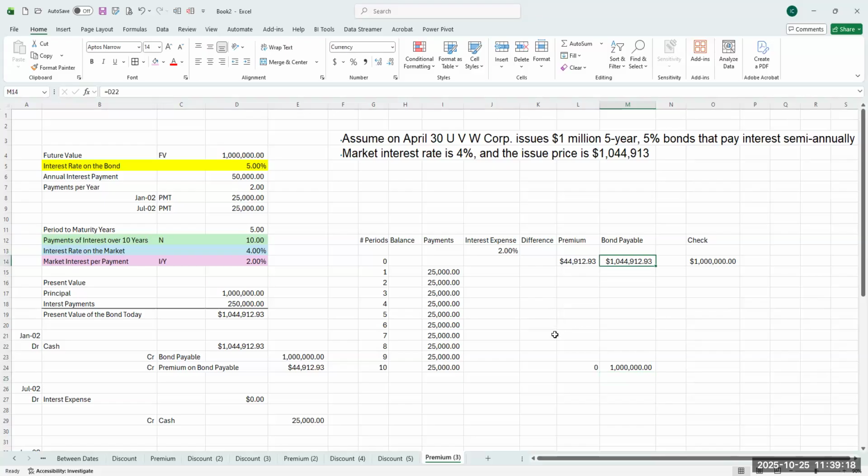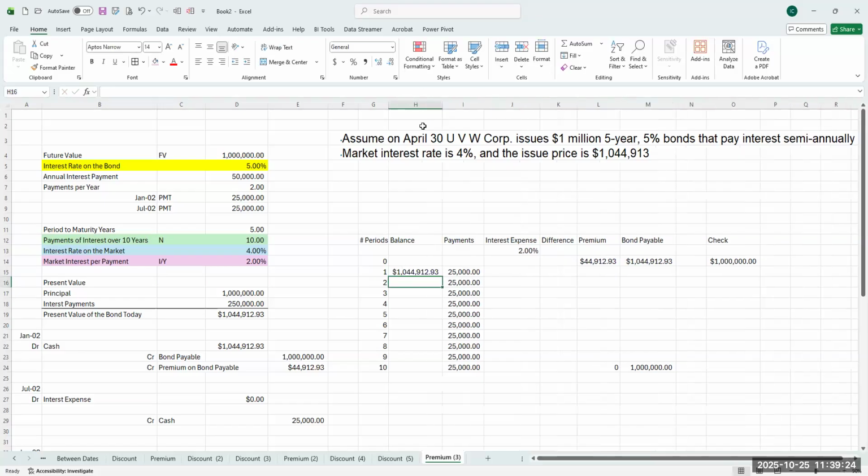So let's start doing the calculation. Balance, obviously, will be this balance here. 25 is the payment, that's not going to change. Now we have to calculate the interest expense, which will be based on the balance times the 2% market rate. Let's lock this one. As you can see, compared to the previous scenario with the discount, our interest expense is less than the payment.